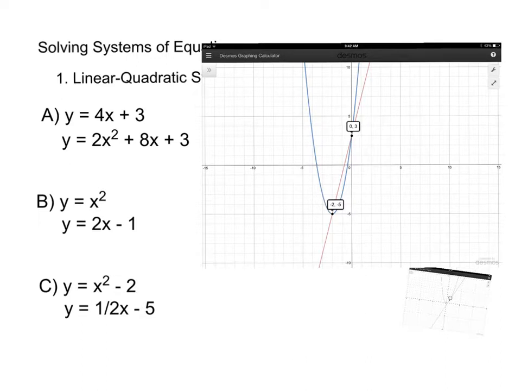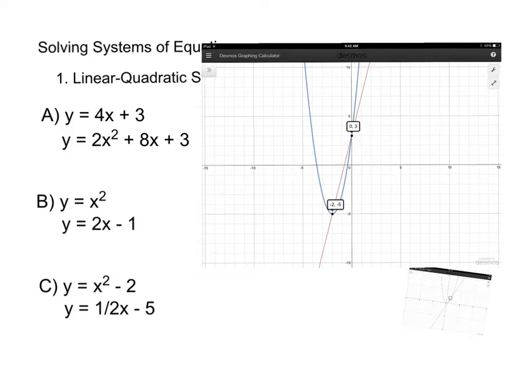Now, some of you are asking before, do we need to write our answer as an ordered pair? And when it's a linear system, you really don't, because you have one value for x and one value for y. But what you need to be careful of when you're stating answers for these ones is that the x value of 0 goes with the y value of 3.